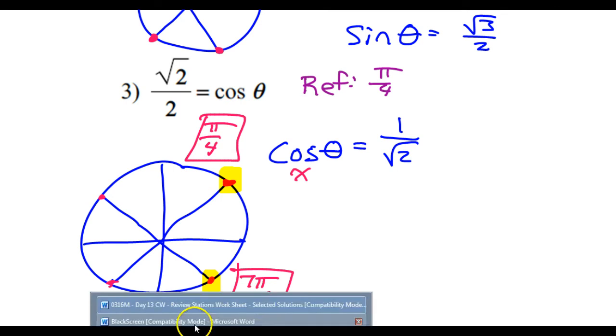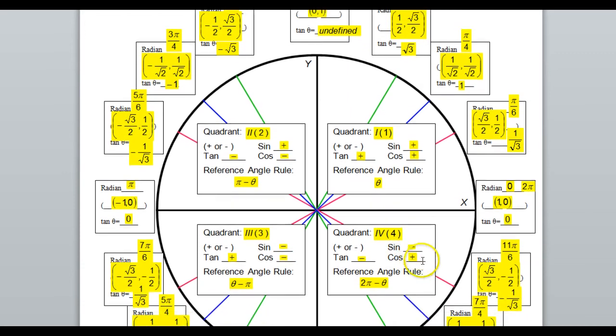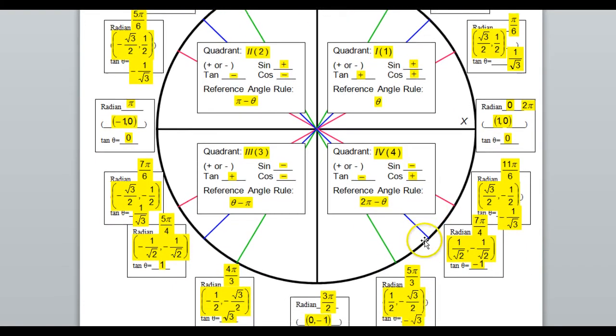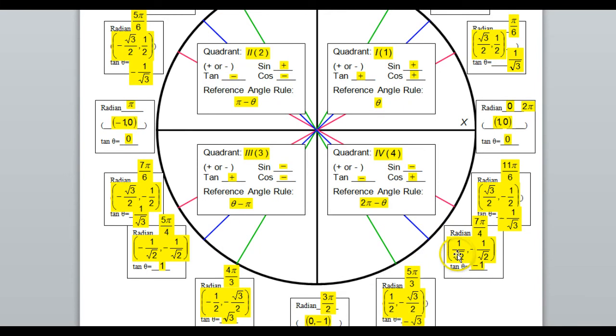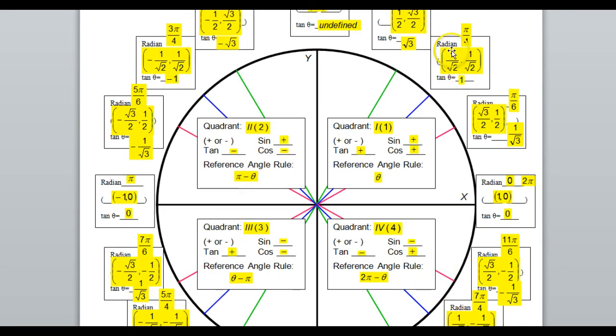Again, if you have the luxury of a filled-in unit circle, you can look for your 1 over radical 2 cosine x value. So there's my positive 1 over radical 2 at 7 pi over 4, and there's my other positive 1 over radical 2 at pi over 4.